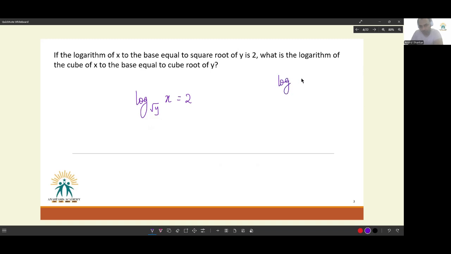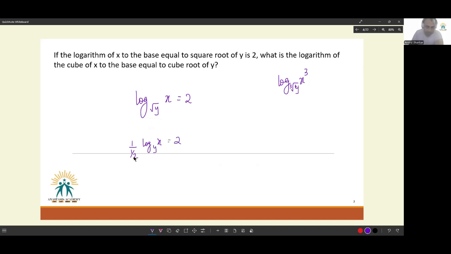Finally, we are looking for x cube to the base cube root of y. We are looking for this value. First, let us simplify this. This under root y will come out and become 1 by half log x to the base y is equal to 2.